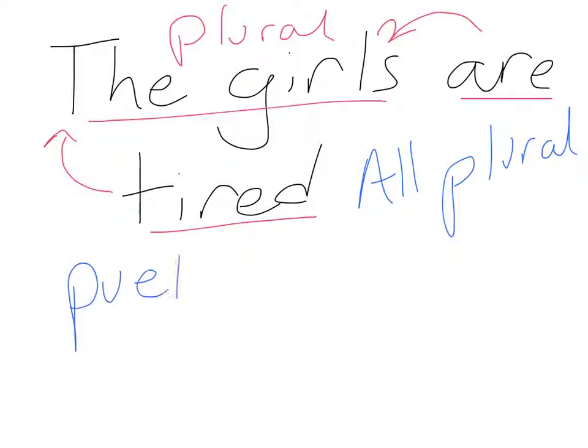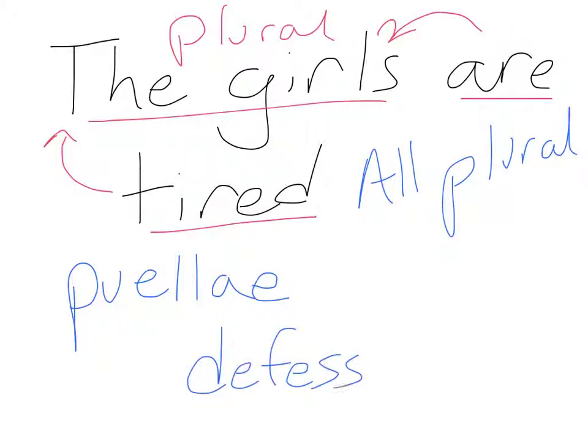The word for girl, puella, is singular, but you want ae for plural, so it's puellae. The same, you'll notice, defessa is our singular. You want it to be plural, it's going to be defessae. So look at that, they even match in their ending.